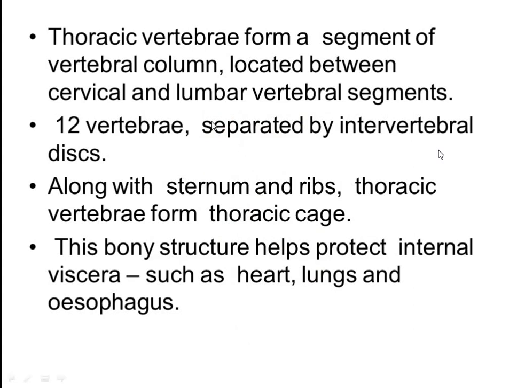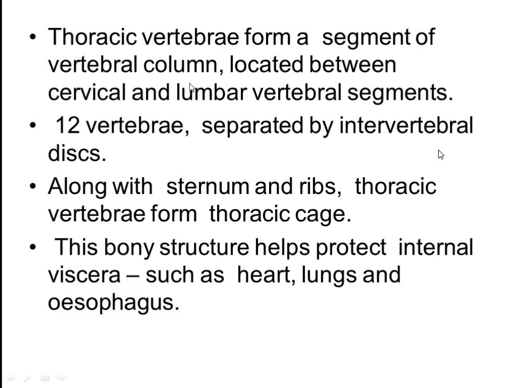The 12 thoracic vertebrae, located posteriorly in the thoracic cage, form a segment of the vertebral column, located superiorly next to the cervical vertebrae and inferiorly next to the lumbar segment.